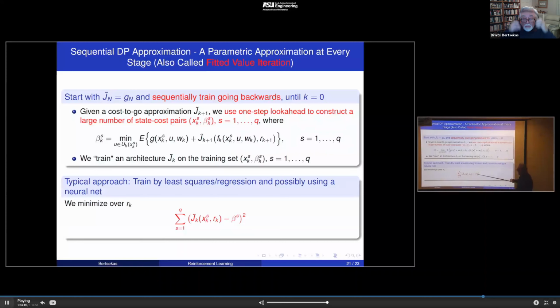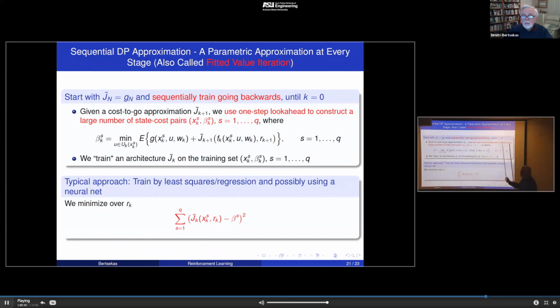So I have this data, I put it into this least squares problem, and I solve this minimization by some form of training algorithm, be it incremental gradient or be it an exact calculation in the case of a linear architecture, and so on. This is very simple and very straightforward.